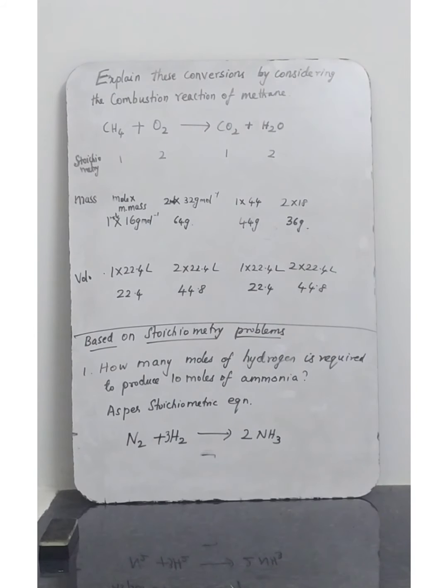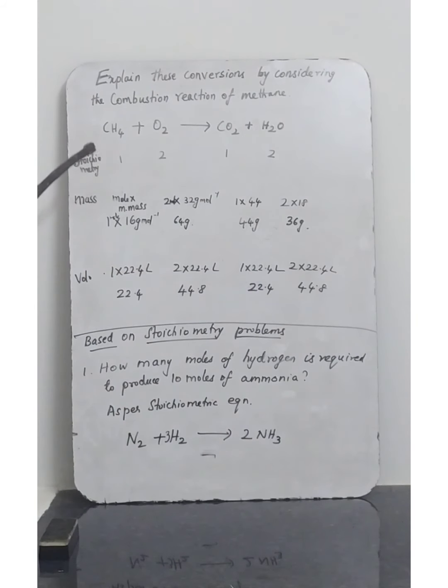If volume is given and they ask for the number of moles, it is volume divided by 22.4. Using this conversion, we have to see the combustion reaction of methane.